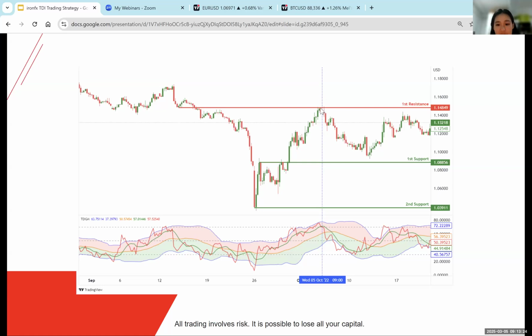And you can see at this blue vertical line that we've highlighted, when the red line crosses below the green line in the upper limit of your Bollinger Band, then we start to see this downtrend occurring here. And we also see the first resistance that we highlighted.